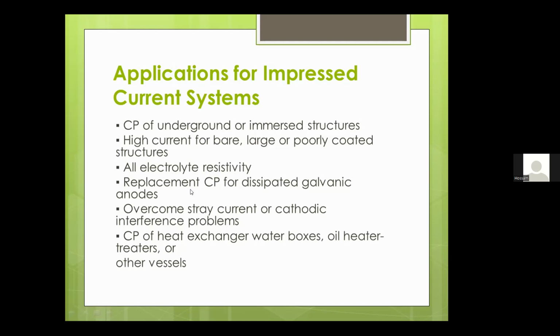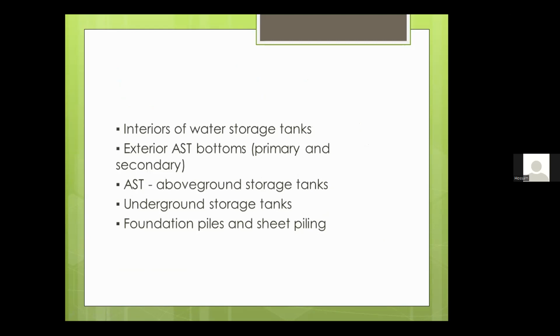Also, for cathodically protected heat exchanger water boxes, oil heater treaters, or other vessels, we can use impressed current systems. Other applications include the interior of water storage tanks, the exterior of aboveground storage tank bottoms, primary and secondary, underground storage tanks, and foundation piles and sheet piling.